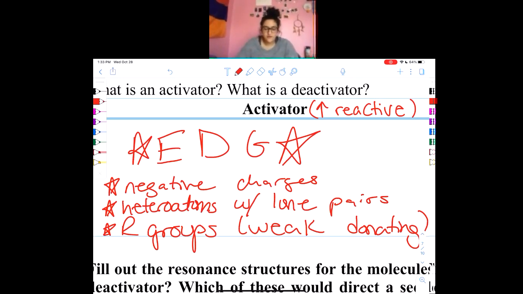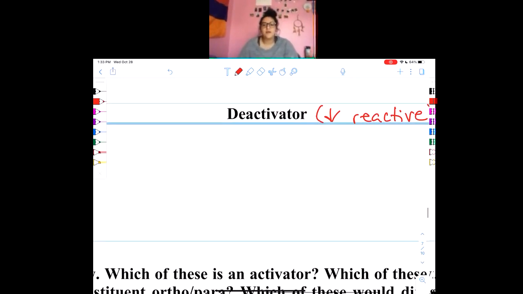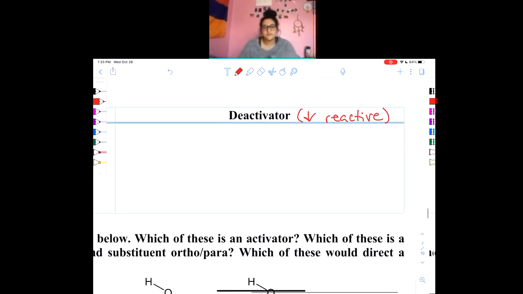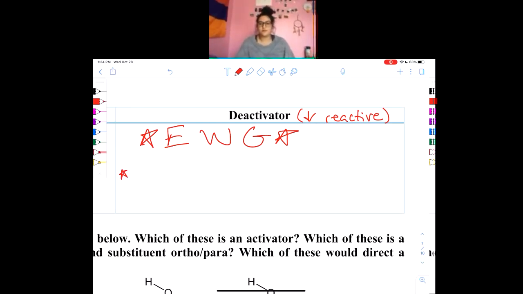Alright, so deactivators would be what kind of groups? Not donating, but electron withdrawing groups. So what were some general electron withdrawing groups that we talked about in chapter 13?